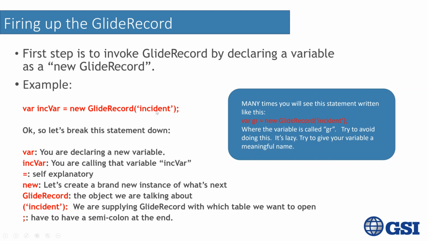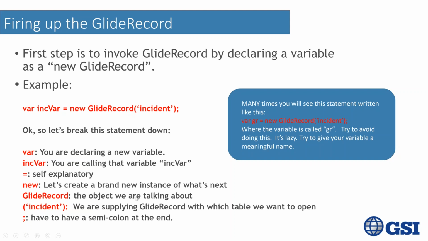So let's break down exactly what that first line says. The very first statement here is var. I'm declaring a new variable, right? I'm going to call that variable incVar, right? Equals, well, that's an equal sign. Then the new statement, so that's new. Let's create a brand new instance of GlideRecord, which is the object we want to start.